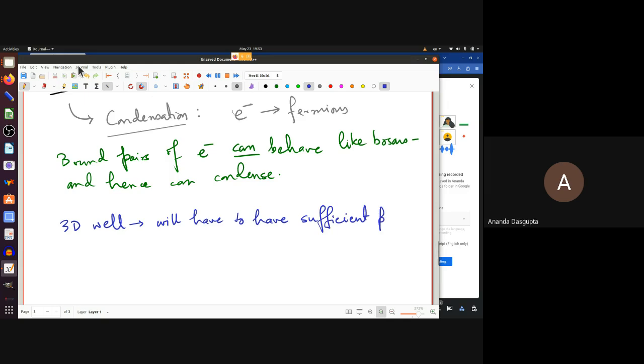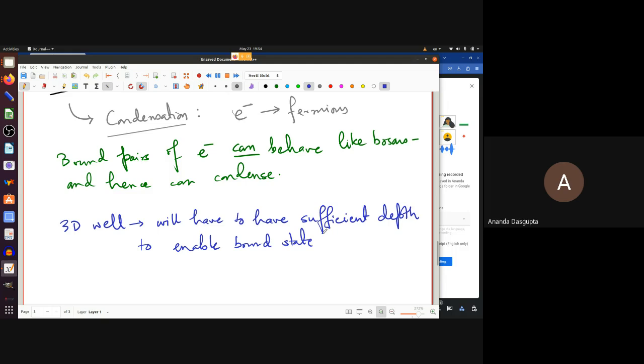That is, the strength of the potential must be large enough to enable bound states, basically. So, first of all, there's this puzzle. Why do electrons at all attract each other in 3D? After all, electrons being negatively charged should repel each other. That is the basic problem.